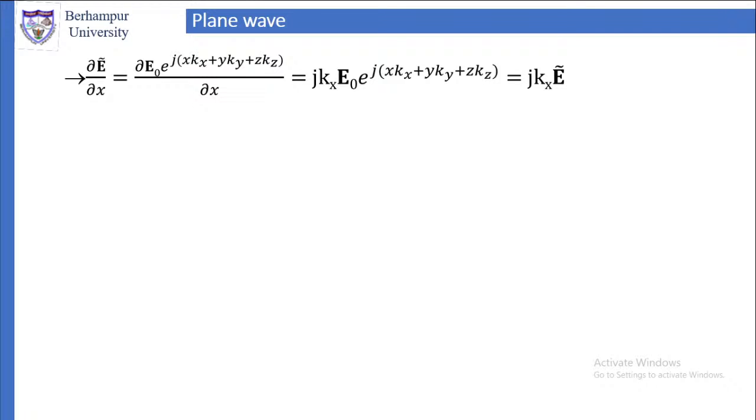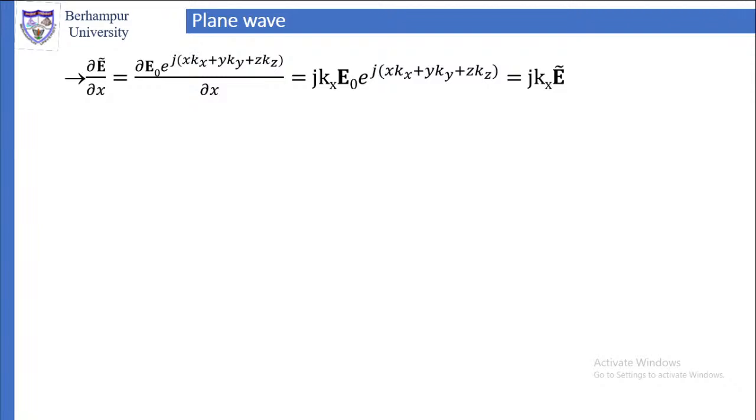Therefore, dou E tilde by dou x will be equal to dou by dou x operating on E0 into exponential j (x kx plus y ky plus z kz). Now E0 is a constant, and with respect to x, y, ky, z, kz are constant. Kx is also constant. So the differential operator will operate only on exponential j x kx, which gives us j kx times exponential j x kx.